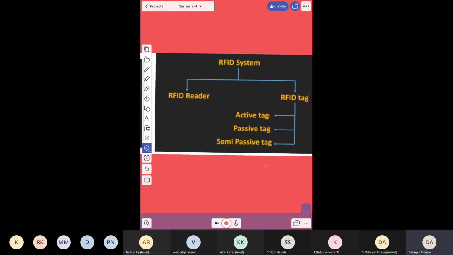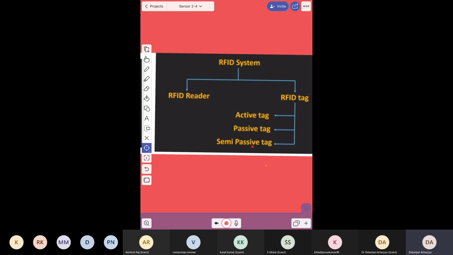On the other hand, in an active tag, there is an external power supply which gives you the reflecting wave. So you can easily understand that the passive tag is generally used for lower range of detection, where the detection range of the object is very low. But in the case of an active tag, as it generates the reflecting wave using a power supply, the strength of the reflected wave to the reader is much higher than that of the passive tag. Therefore the active tag is generally used for long range.